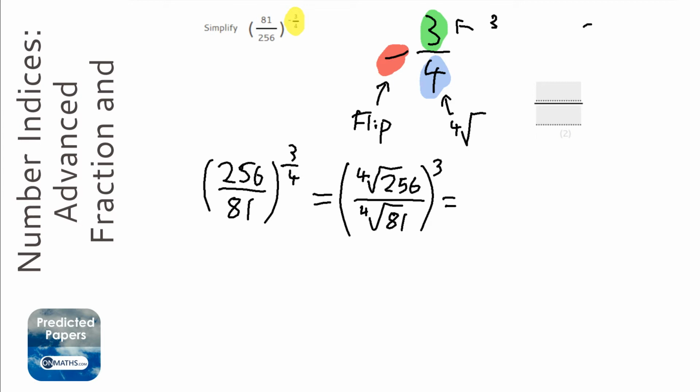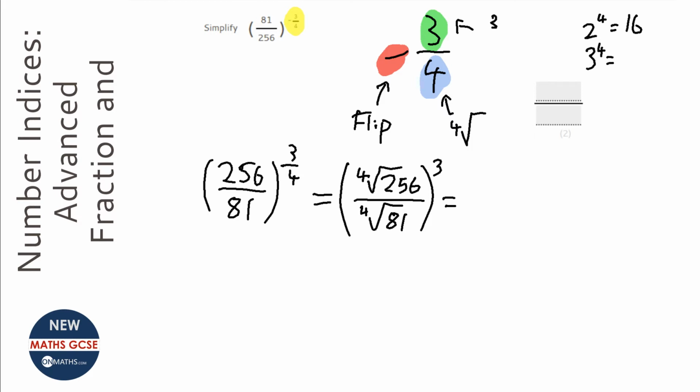So if it's 2 to the power of 4, is that going to be 256? Well, 2 times 2 is 4, times 2 is 8, times 2 is 16, so that's not quite big enough yet. 3 to the power of 4: 3 times 3 is 9, times 3 is 27, times 3 is 81. There we go, that's the bottom one sorted.